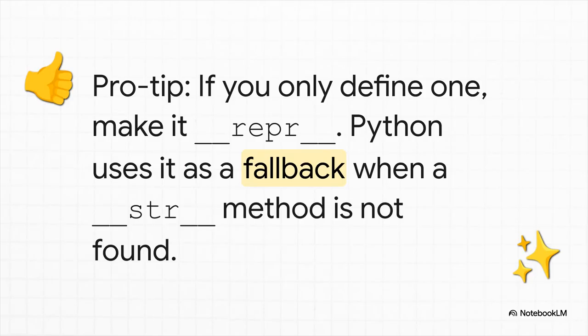Now here's a fantastic pro tip. There's a smart little hierarchy here. If you ask for the string version of an object and it doesn't have a __str__ method defined, Python is smart enough to automatically look for a __repr__ method to use as a backup. That's why the golden rule is, if you're only going to define one, always define a useful __repr__.